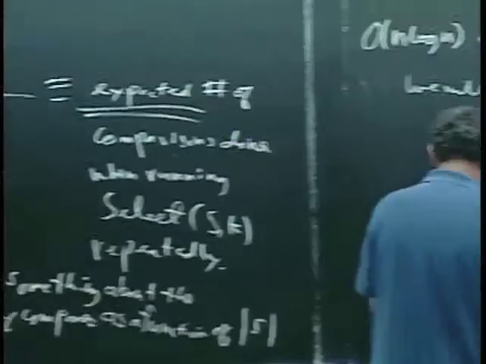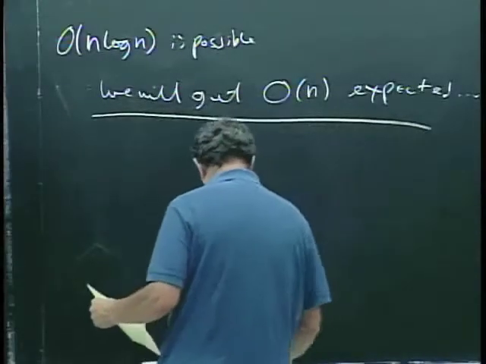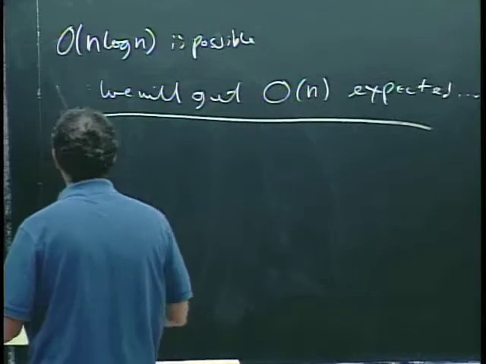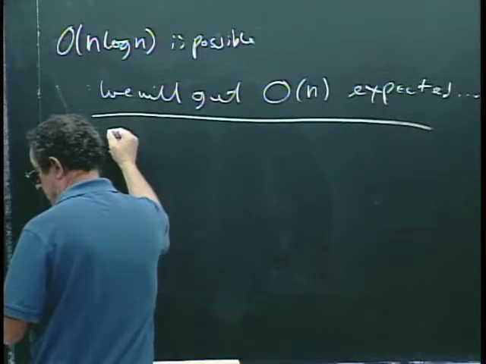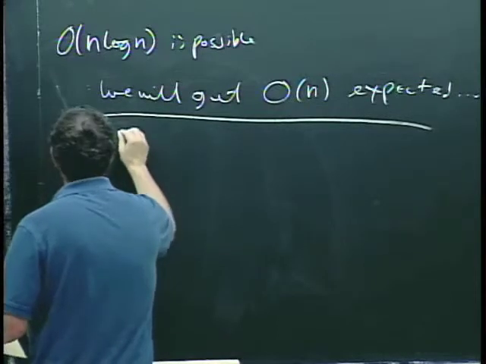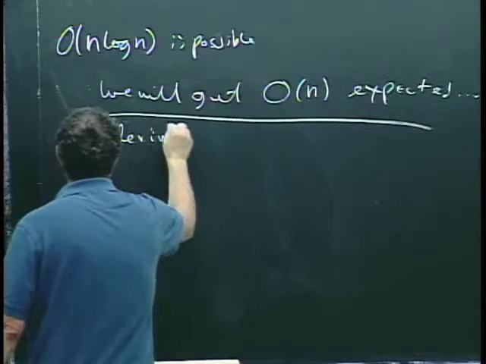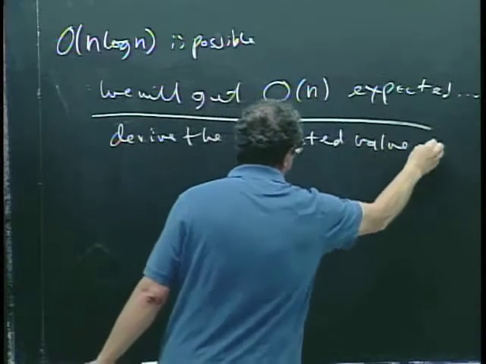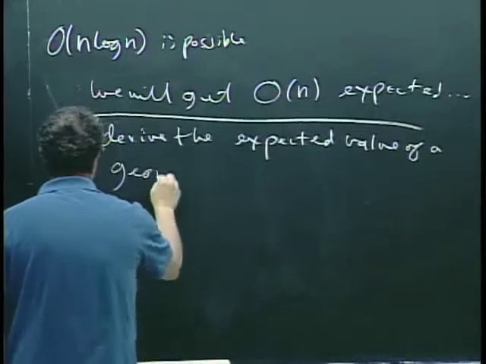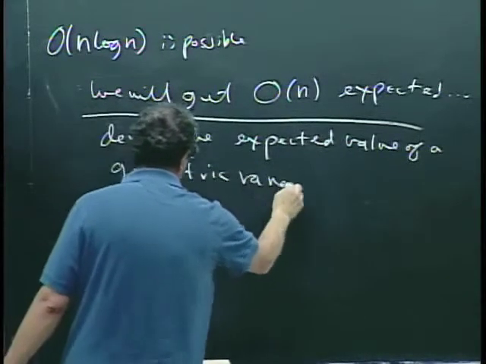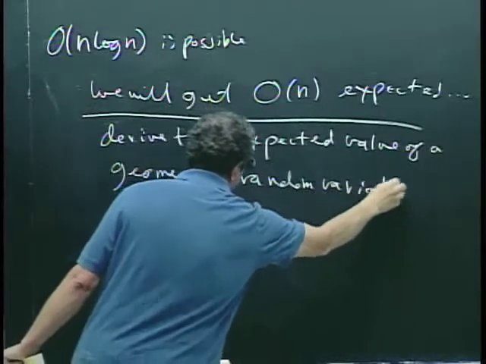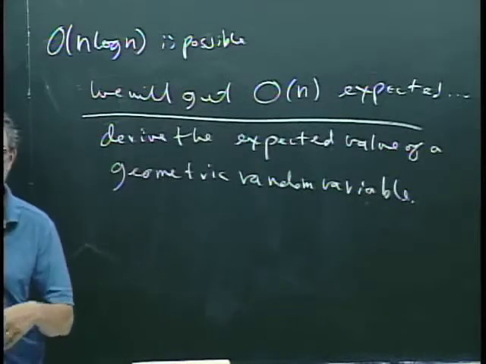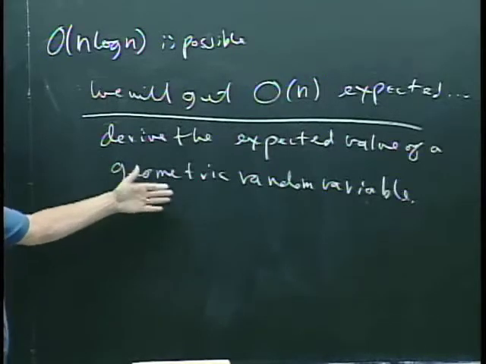The second thing is, now we want to derive the expected value of a geometric random variable, because this is going to be central in the analysis we're going to do for select and then ultimately for randomized quicksort. So what's a geometric random variable?